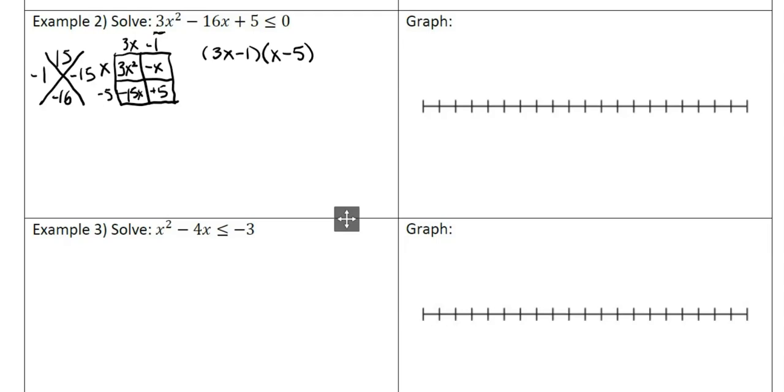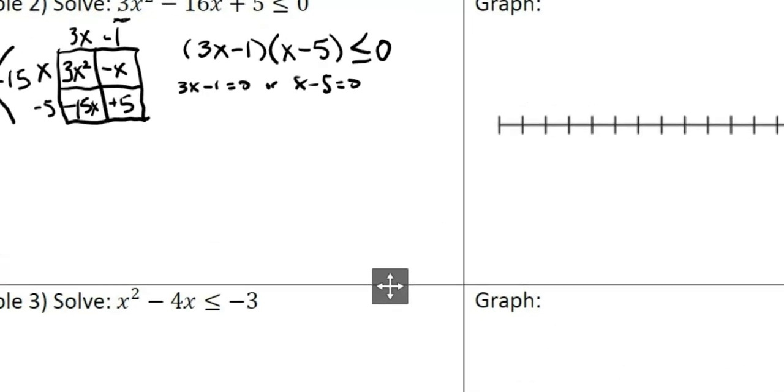And these are less than or equal to 0. Since it's equal to, we'll have closed dots at our intersections. So then we can take each one of these two factors and set them equal to 0. 3x minus 1 equals 0, or x minus 5 equals 0. 3x minus 1, if I add 1 to both sides, then I get 3x equals 1, and then divide by 3.